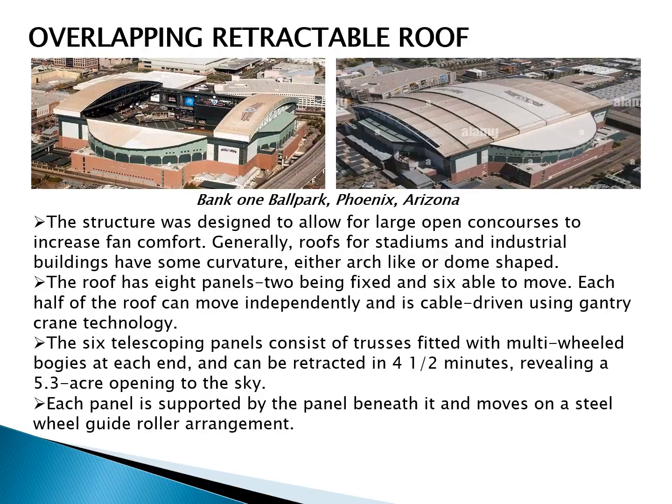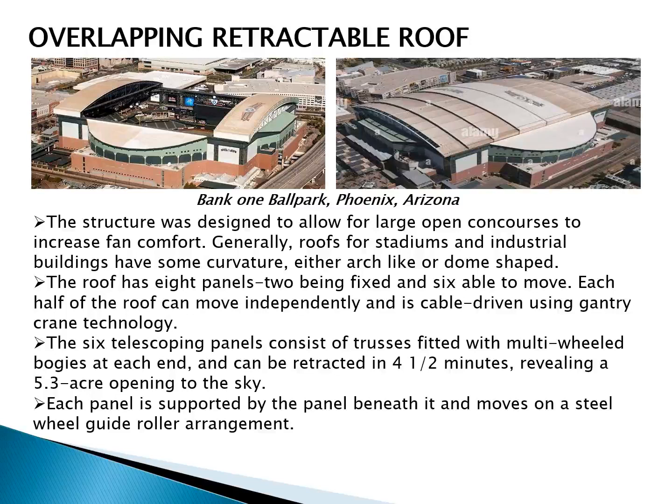The second type is overlapping retractable roofs. The structure was designed to allow for a large opening on course to increase fan comfort. Generally, roofs for stadiums and industrial buildings have some curvature, either arc-like or dome shape. The roof has 8 panels, 2 being fixed and 6 able to move. Each half of the roof can move independently and is cable-driven.